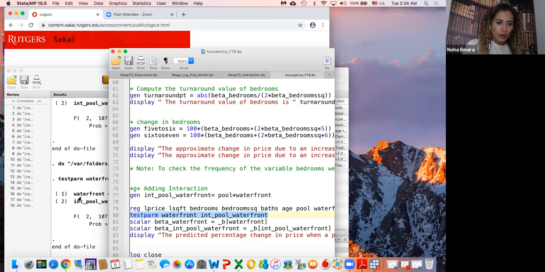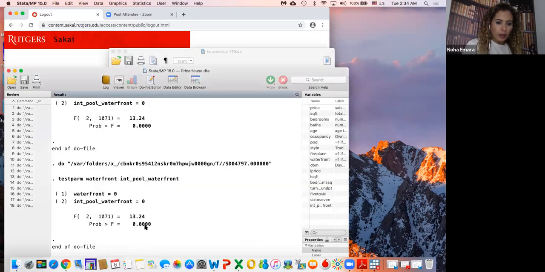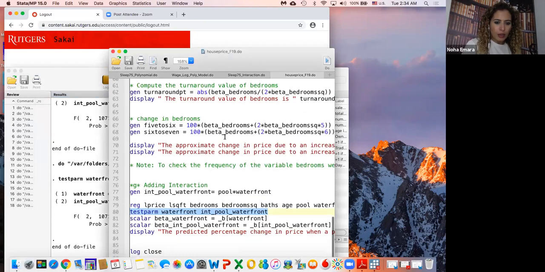The F test is telling me that there is a 0 probability that these are equal to 0. In other words, keep the interaction term in the regression along with the coefficient of waterfront. Any question? Okay, so based on the F test, yes, keep it.